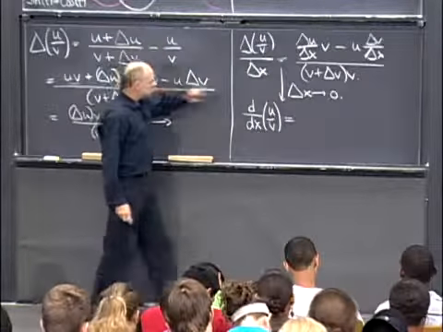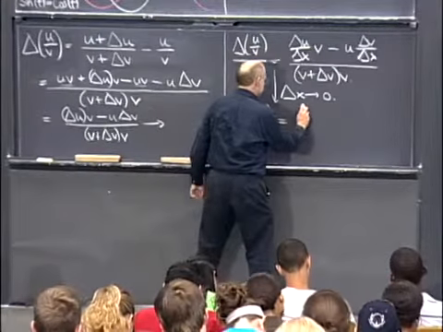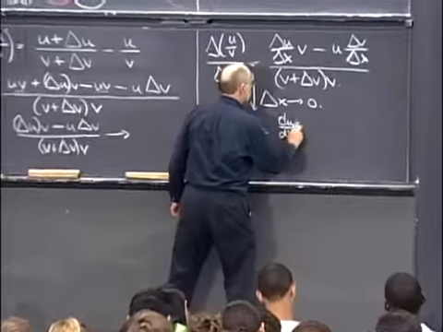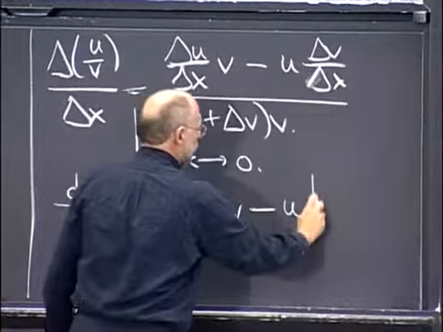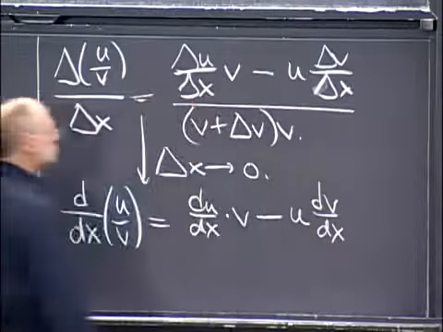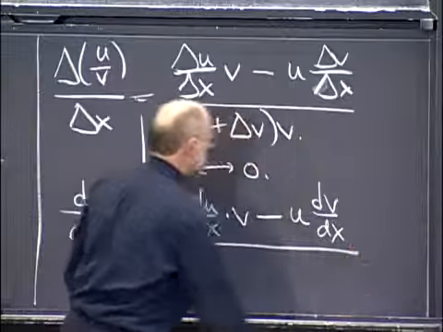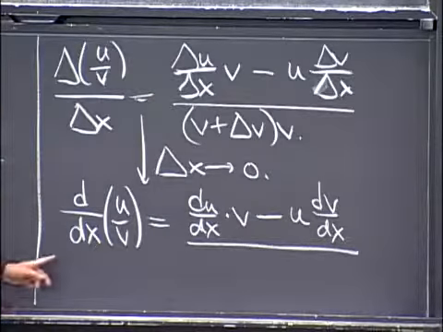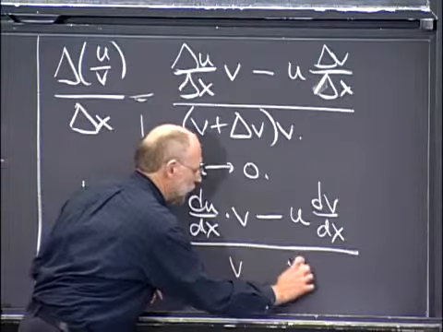And on the right-hand side, well, this is the derivative du dx, right? Times V, and then minus U times, and here it's the derivative dv dx. Now, what about the denominator? So when delta x goes to 0, V stays the same.